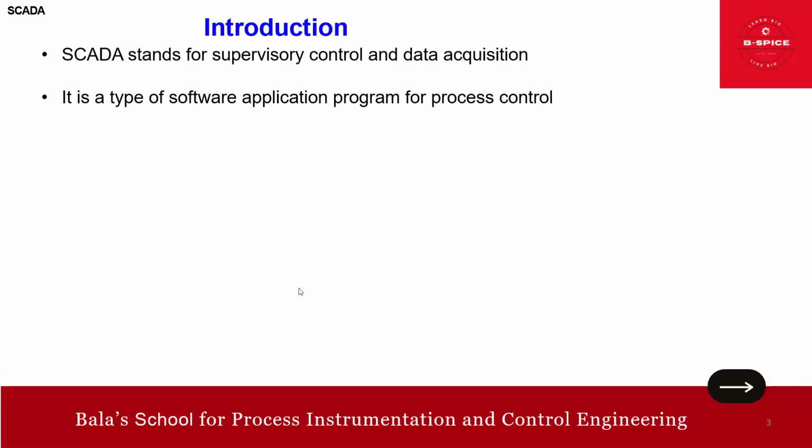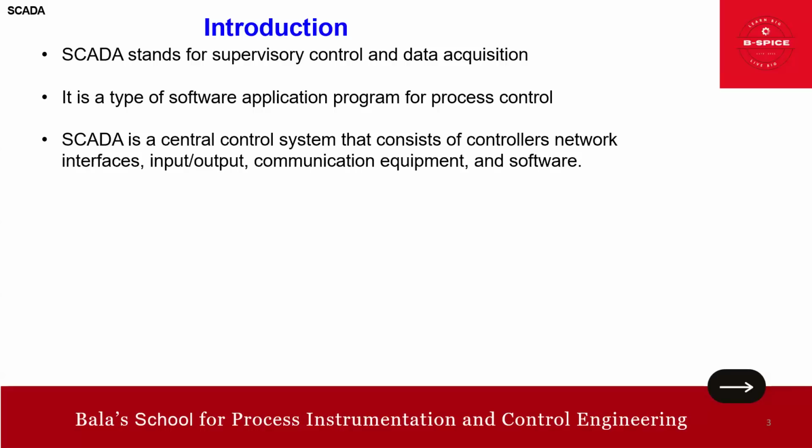As simple as that. SCADA is a central control system that consists of controllers, network interfaces, input output cards, communication equipment, and software. So it's a combination of controllers, network interface devices, input and output modules, communication modules, and software.